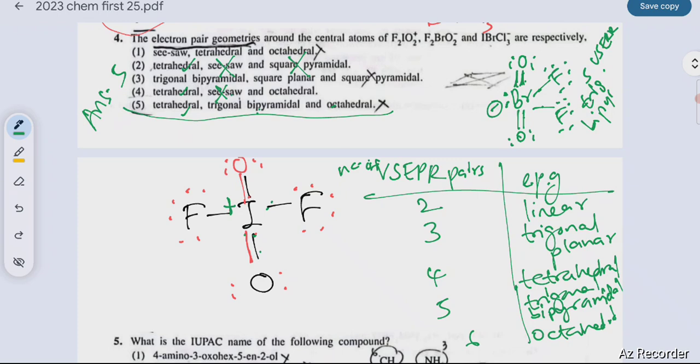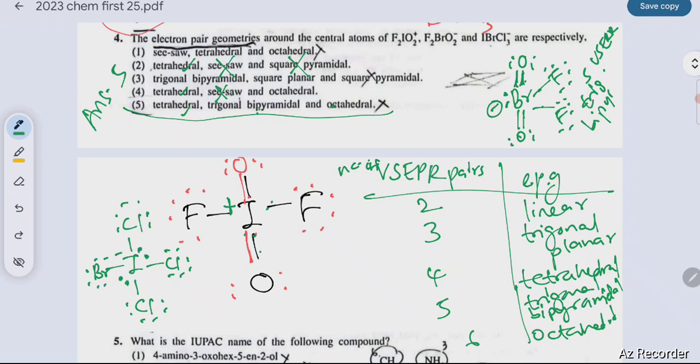Next, we'll draw the other structure as well. IBrCl3 minus. Right? So this one, if I draw, I will get like this. And here it has 2 lone pairs.